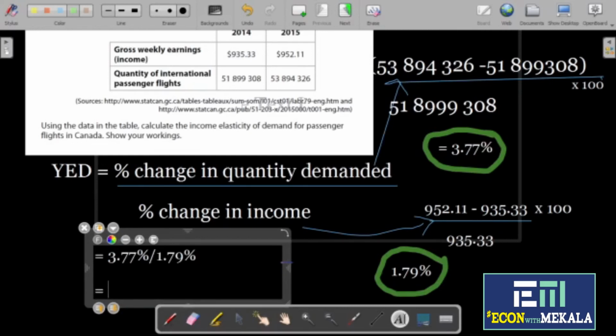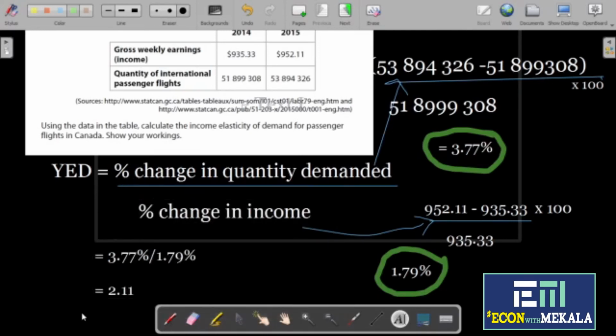If you simplify this, you get 2.11. If you provide the correct answer to 2 decimal places, that is 2.11, you will receive your final mark. So altogether, you will receive 4 marks.